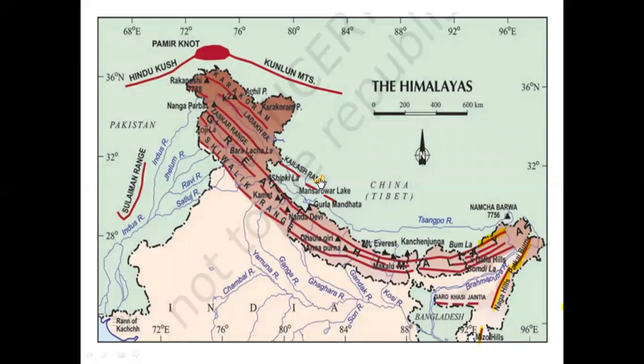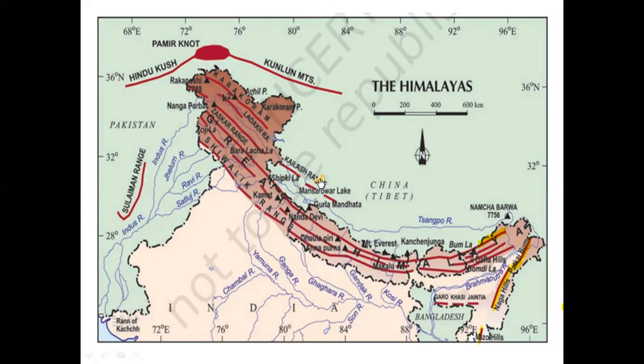As I told you, the Brahmaputra River marks the easternmost boundary of the Himalayas. You can see here the river's name is Tsangpo, but when it enters into India, the name is Brahmaputra. Beyond the Dihang Gorge, the Himalayas bend sharply to the south and spread along the eastern boundary of India.